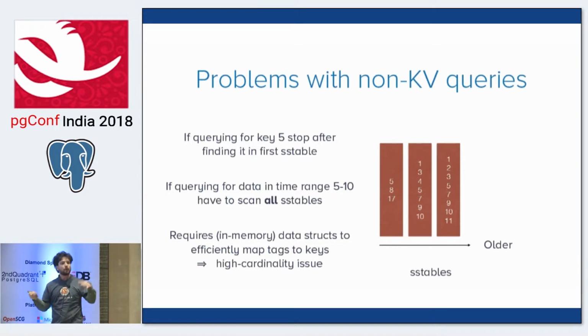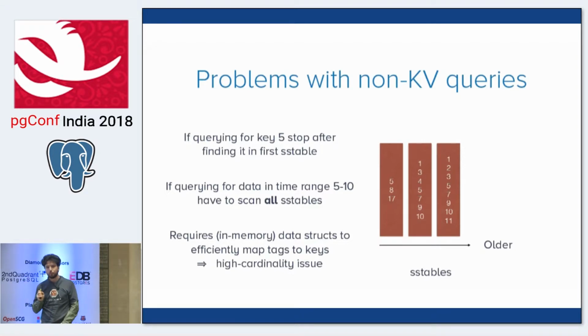There's a bunch of tricks people play to get around this. Some of those tricks are about merging the SS tables in the background. Some of them are others. A lot of the tricks people play is they keep auxiliary in-memory data structures to efficiently map text to keys.